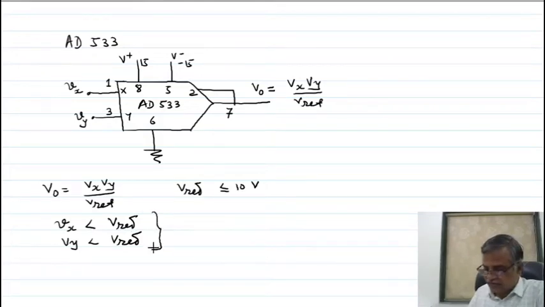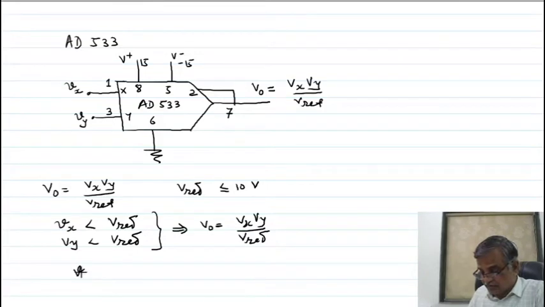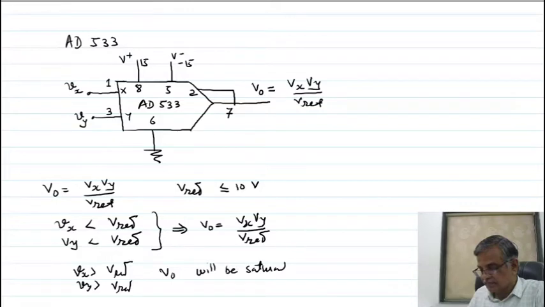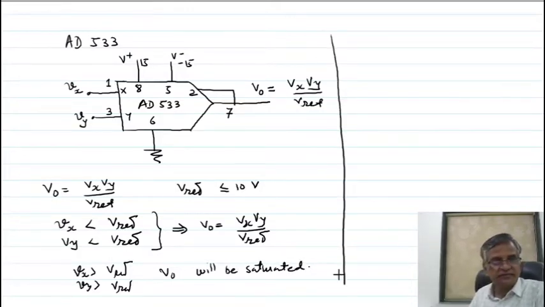If Vx and Vy are less than V reference, then we can write Vo equals Vx into Vy upon V reference. Otherwise, if Vx and Vy are greater than V reference, then Vo will be saturated.